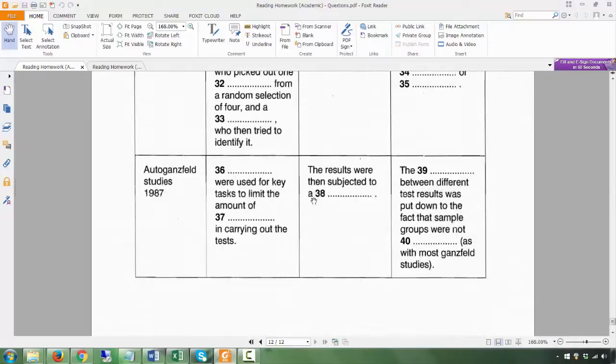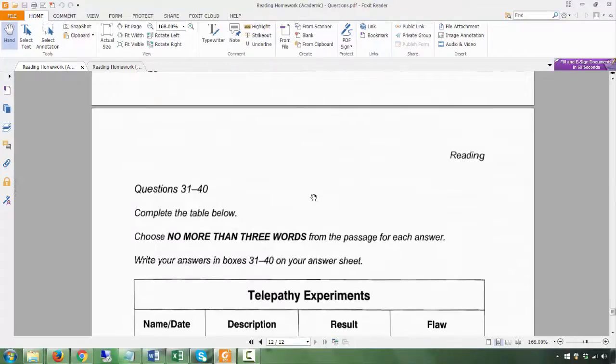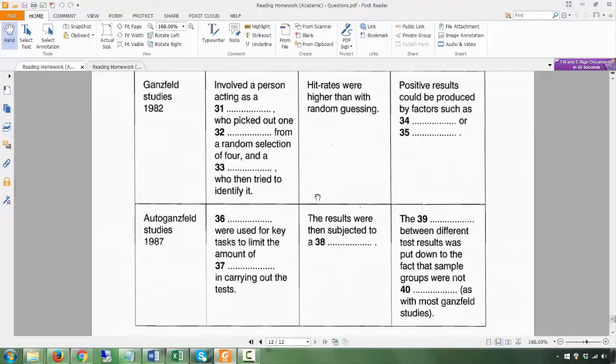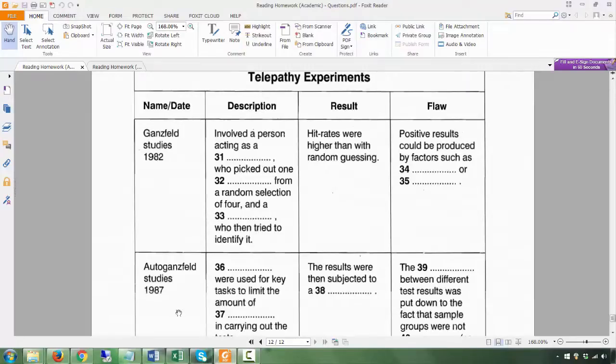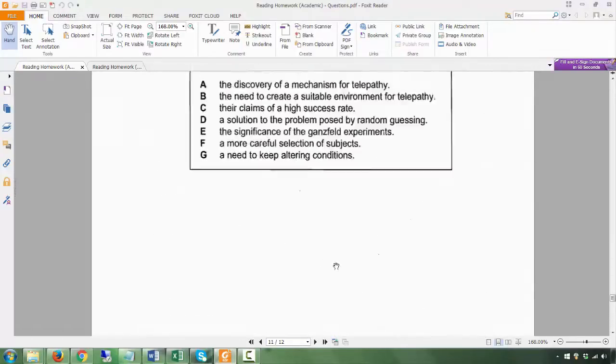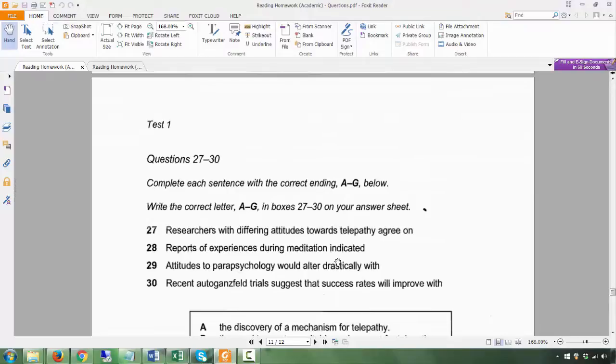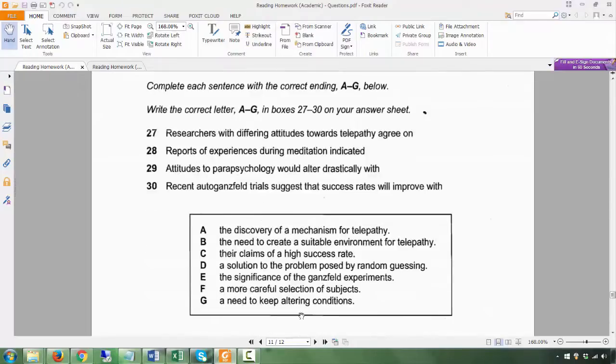Most of the time it's going to be one section of the text for this, and another section for that. So question 27, you're going to match with A to G. Researchers with differing attitudes towards telepathy agree on.